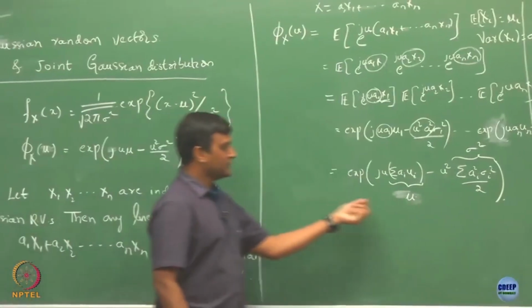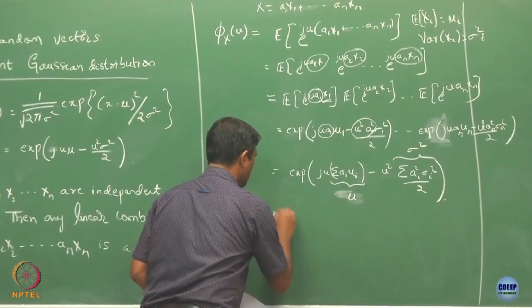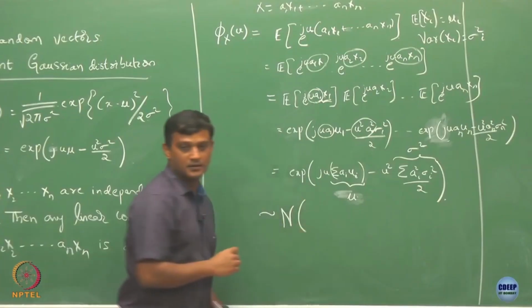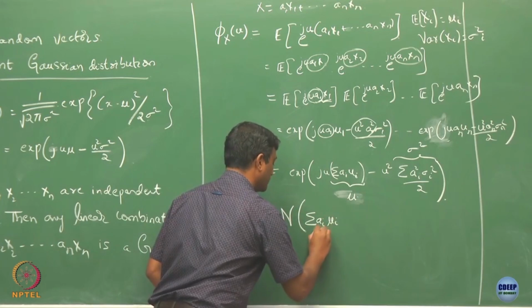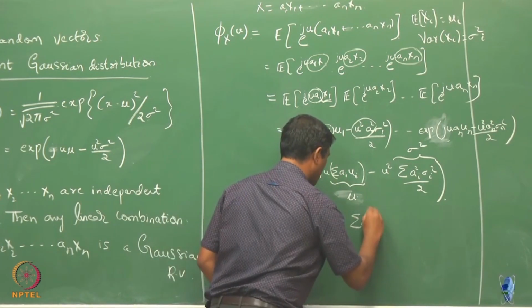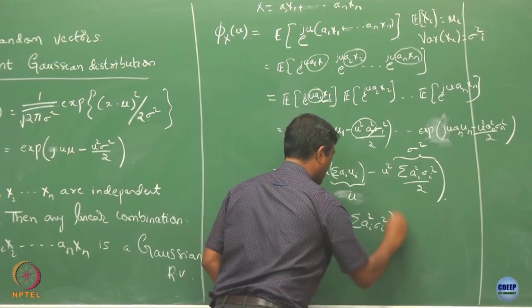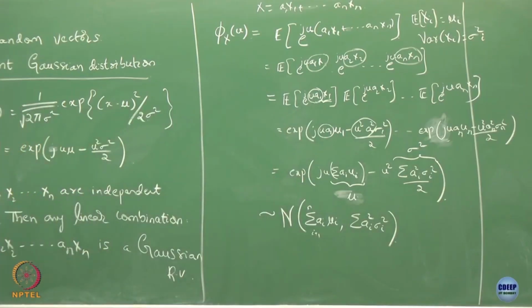So this corresponds to a Gaussian with this mean and this variance.